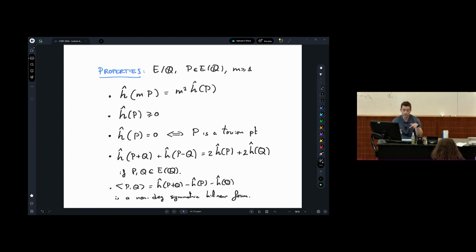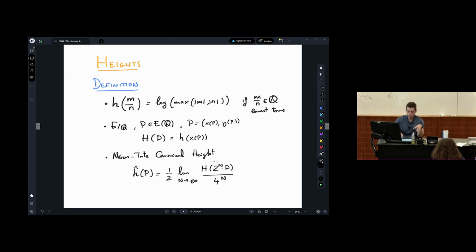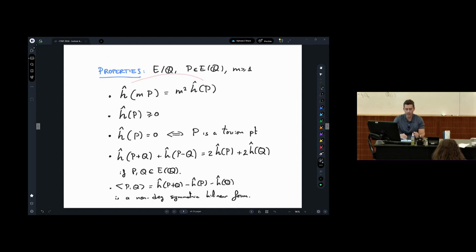In the limit, if you divide by m squared both sides, then what I'm trying to get is the height. And when you start with this one, which as I said is supposed to be close to the canonical height, when I divide by 4^n, as I take the limit, I'm getting closer and closer to some function that satisfies the property that I want.